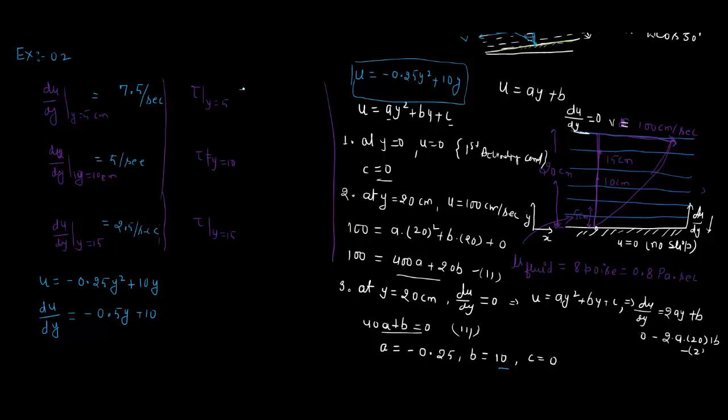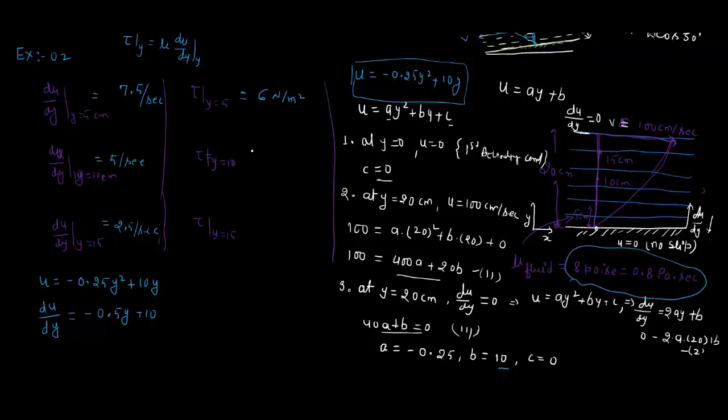Similarly, we know tau at any y equals mu du upon dy at that distance y. We know the viscosity of the fluid is 0.8 poise. So the value of shear stress at a distance of 5 cm from the solid surface is 6 Newton per meter square.